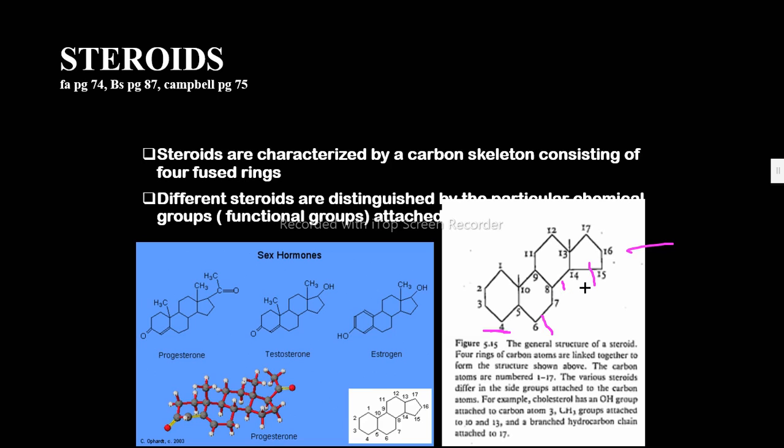However, they are different based on the groups that are attached on these rings. Based on the groups that you have, it will determine which steroid you are, whether you are going to be a hormone, and if so, which hormone: is it progesterone, testosterone, or estrogen?